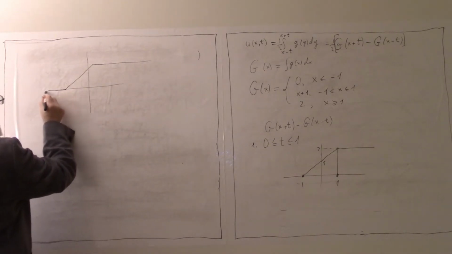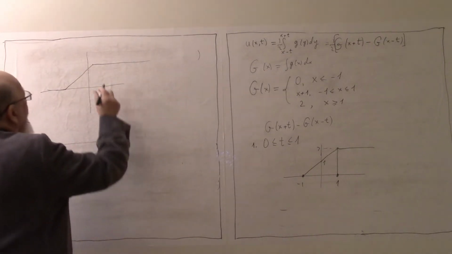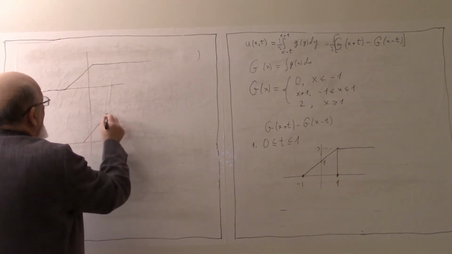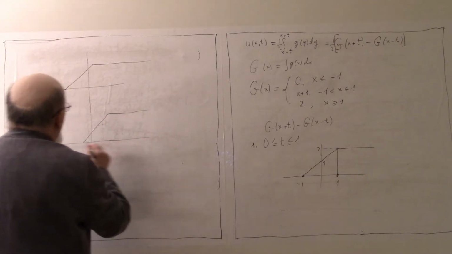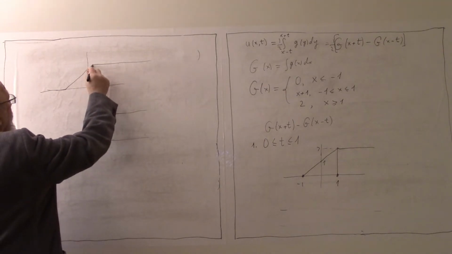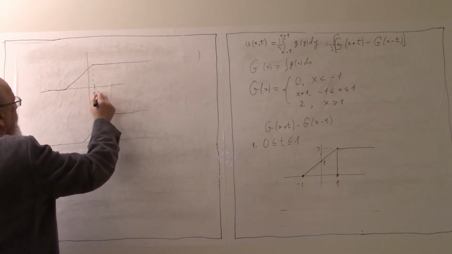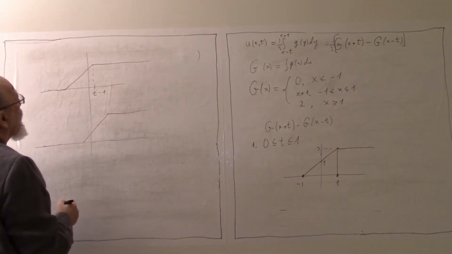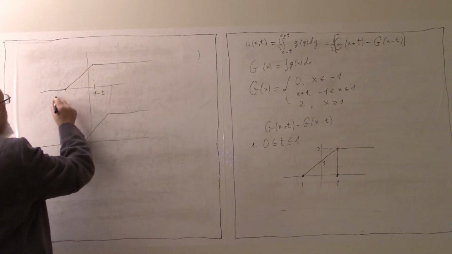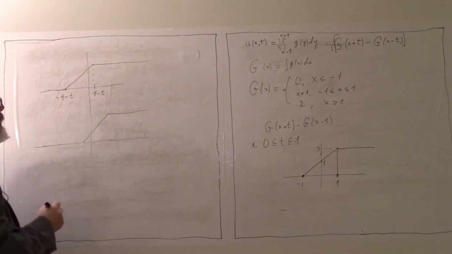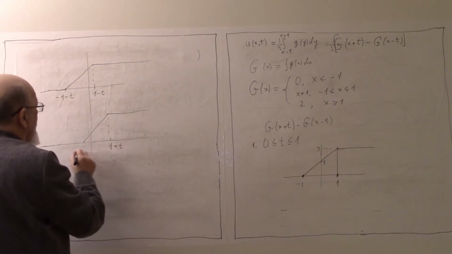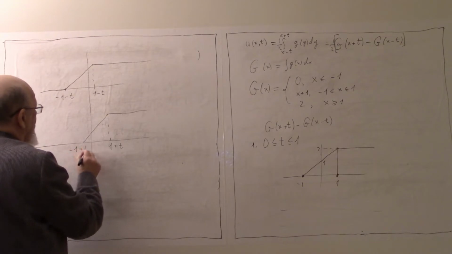And here 0. G(x-t) looks like this. So this is a point 1 minus t, this point minus 1 minus t, this point 1 plus t, this minus 1 plus t.